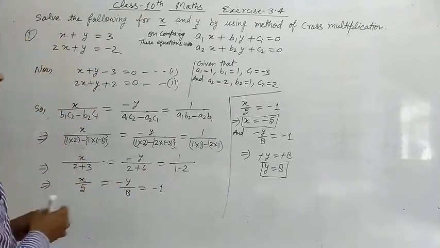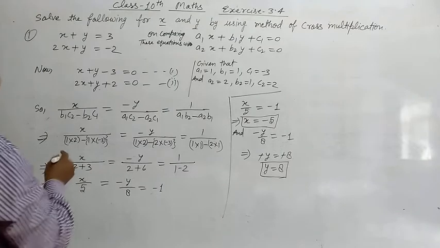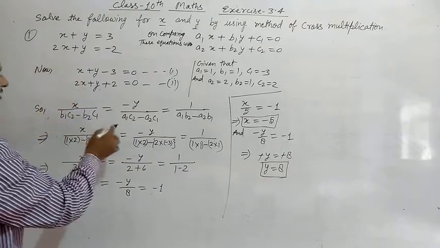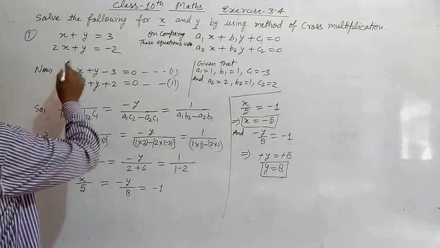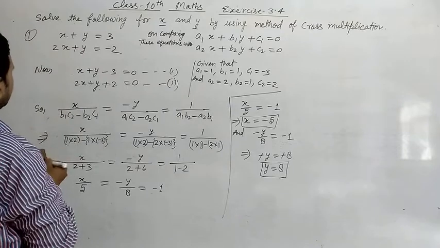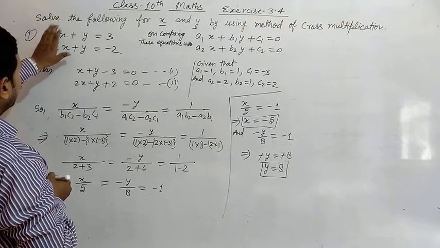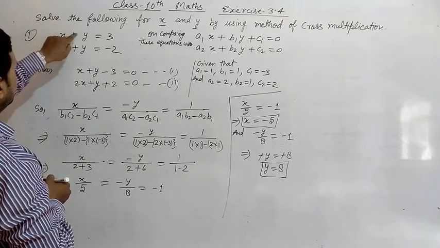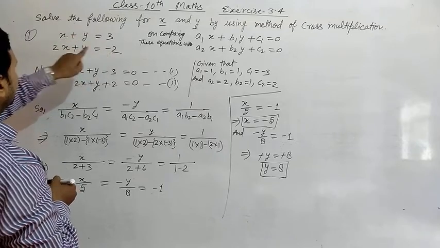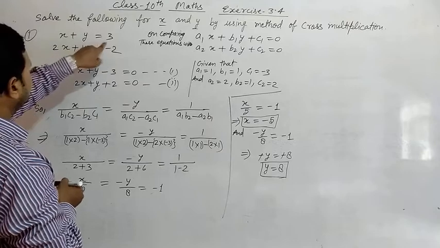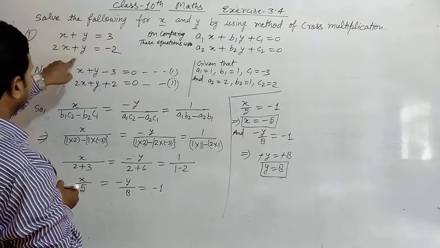It is a very simple method, but we have to solve it by using this formula. Okay. See, this formula means when we have to find the value of x, we hide x, and x upon b1 into c2, minus b2 into c1, means cross multiplication.